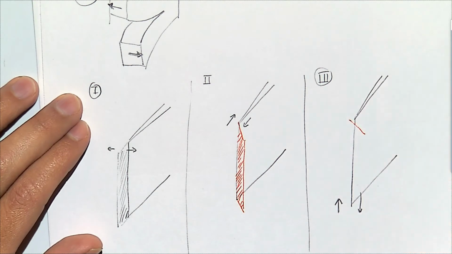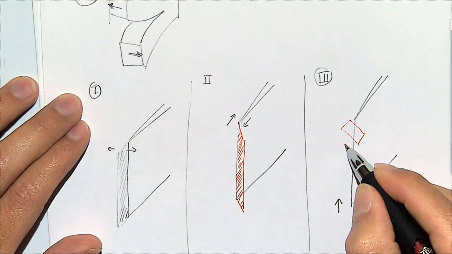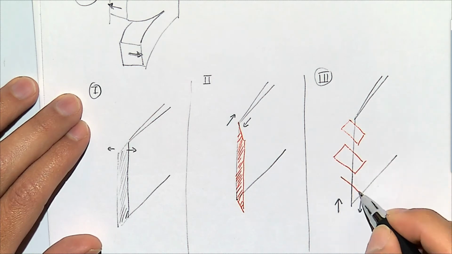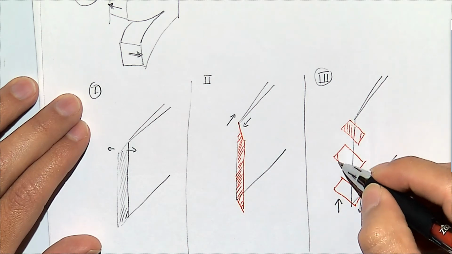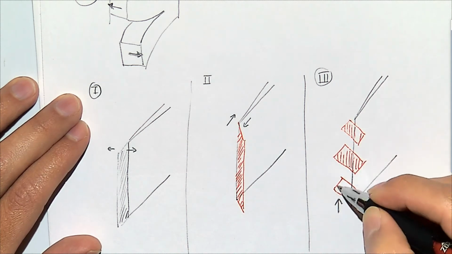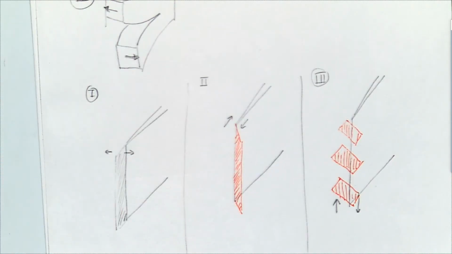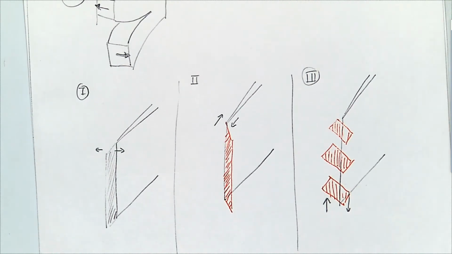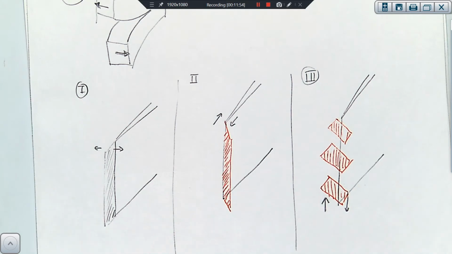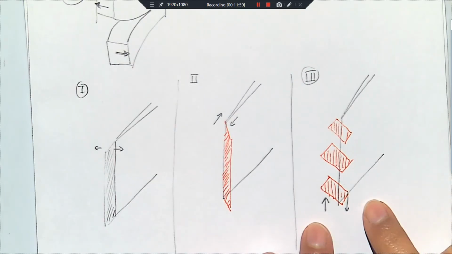And instead of being one plane, it's going to segment into several planes. And those are going to continue opening in a combination of mode 1 and mode 3. And again, the angle will depend on how strong those shear stresses are. But if there is just a little bit of shear stress, then they are going to rotate a little bit.